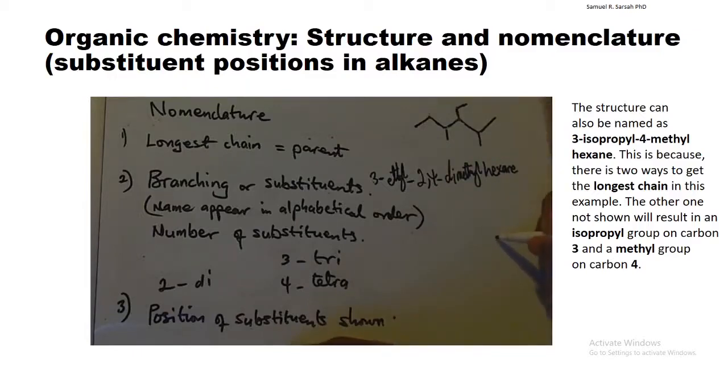If I start naming from here to here, the parent name will still be hexane. But we're going to have a dimethyl still. Now this methyl group is carbon number 3. This will be on carbon number 5.